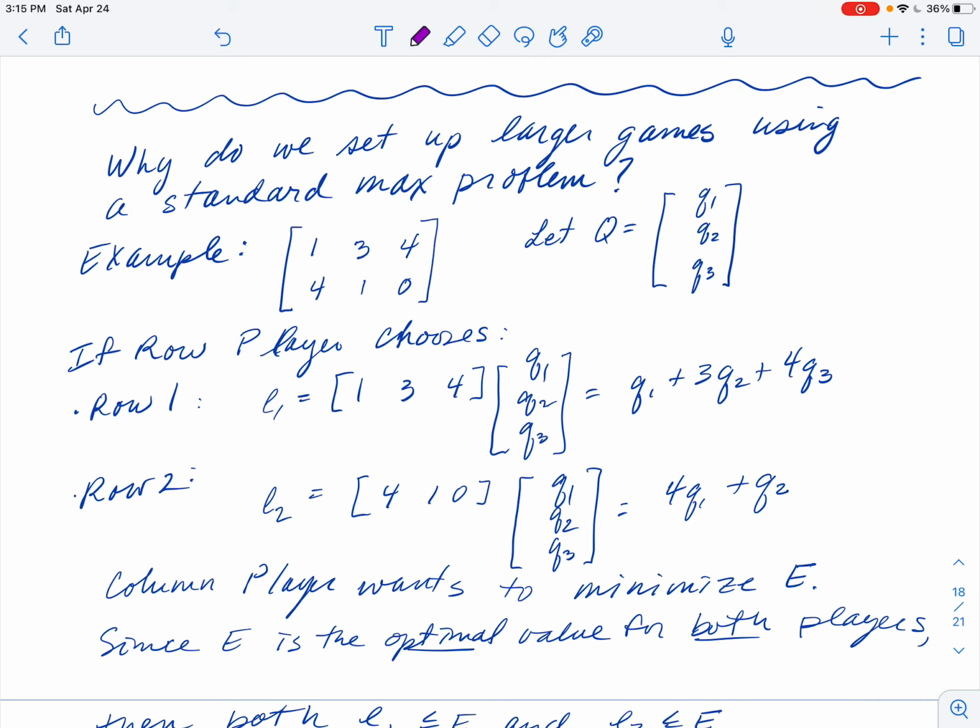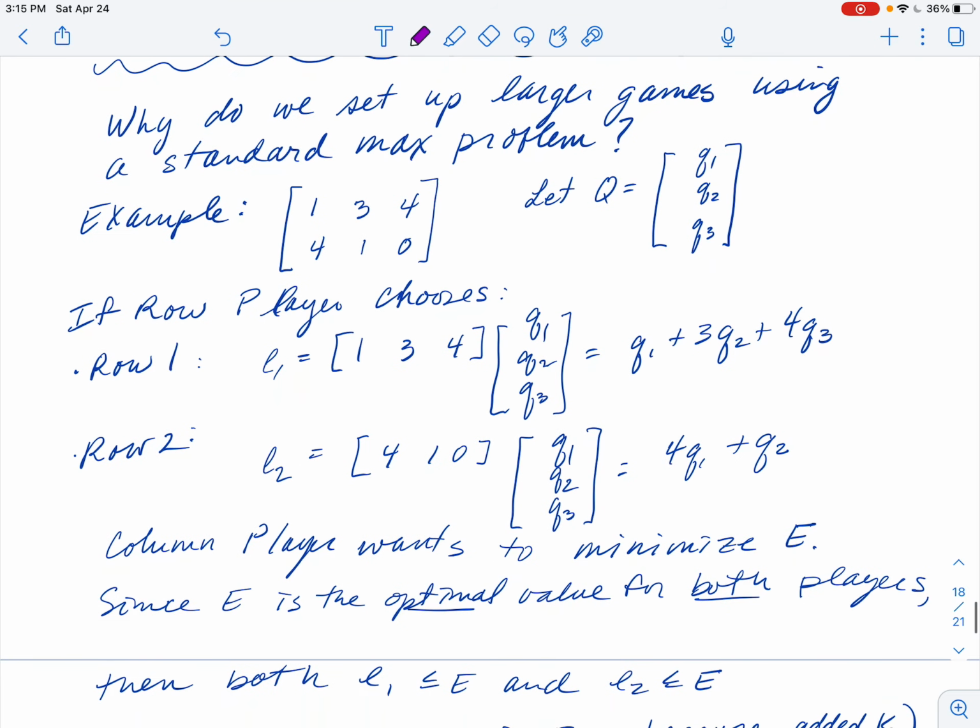Now, we have 3 columns, so Q will be a column matrix, Q1, Q2, and Q3. But again, the row player has 2 possibilities. They could choose row 1 or row 2.